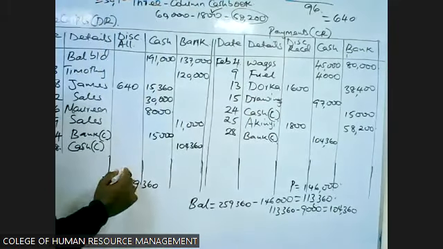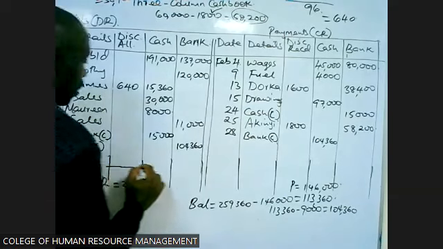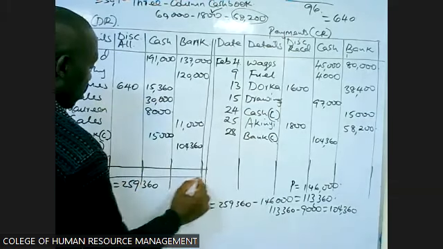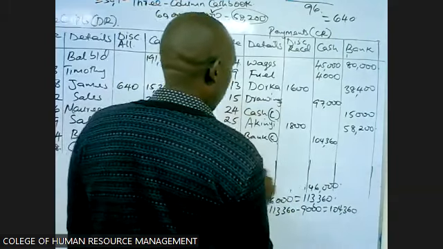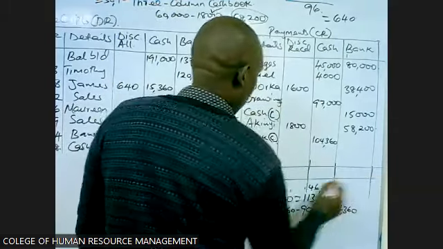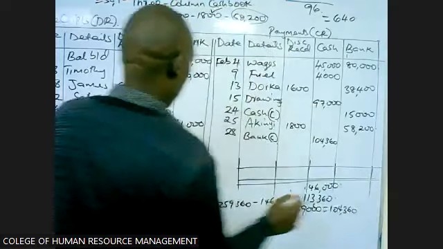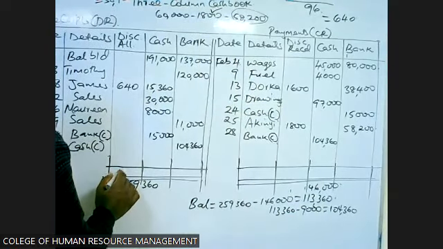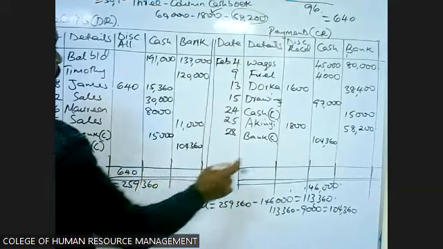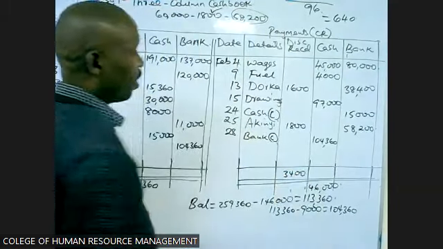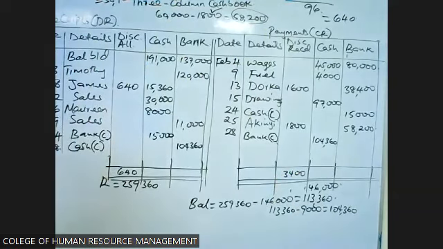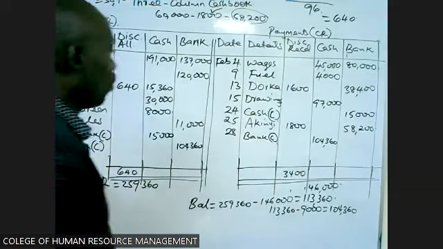Like here, the total discount allowed was 640. The total discount received was 3,400. Just take the totals like that. They don't need to be the same. We don't balance them. But for the cash and bank, we must balance it. Must balance.